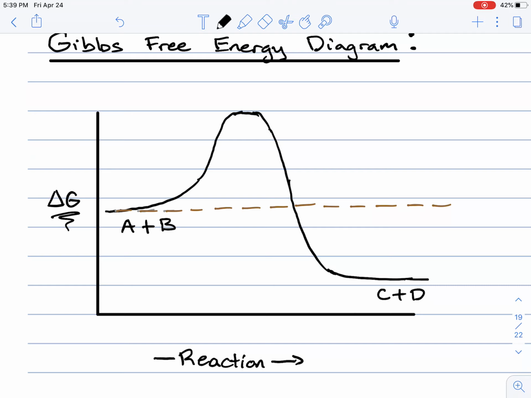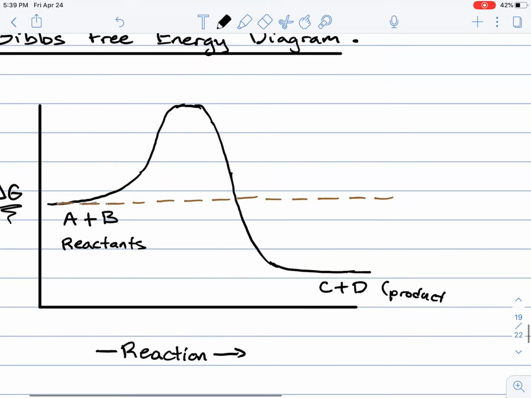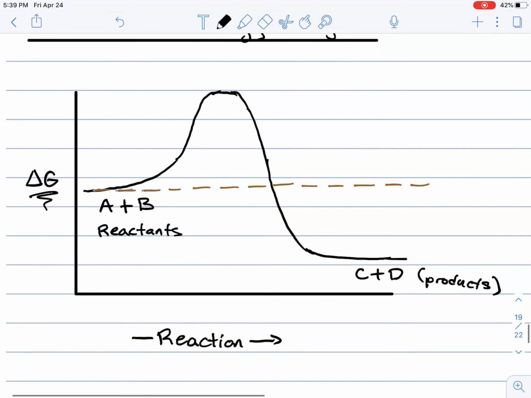And so, since the reaction perspective, looking at the arrow that I drew, is from left to right, we're going to assume that this is our reactants, and that these are our products. And so we can talk about the activation energy, all that stuff still applies.